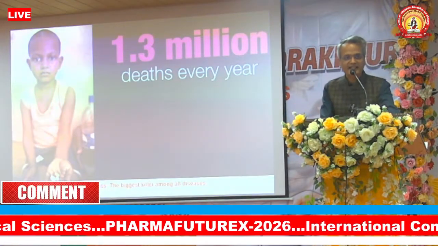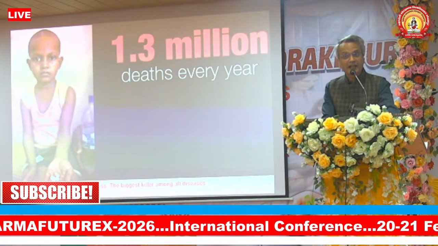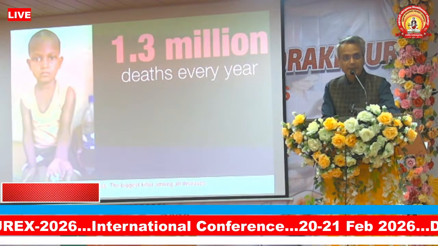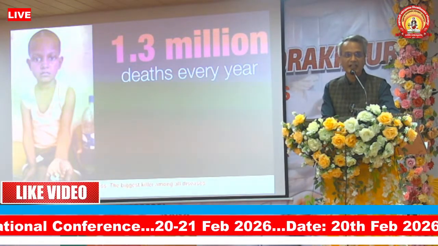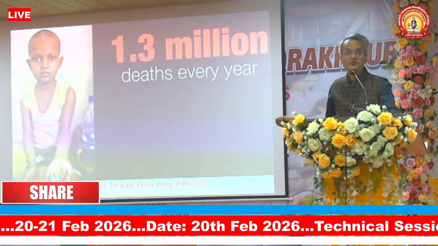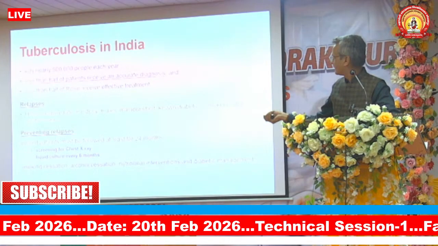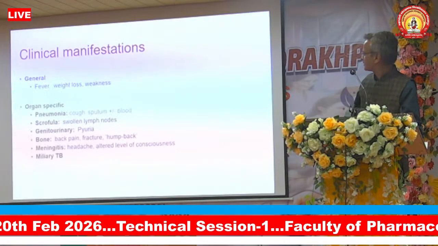They begin as carriers, then become active cases, then MDR, then XDR, and the treatment options we have are very limited, and people are sometimes reduced to skeletons. It affects people of all ages.